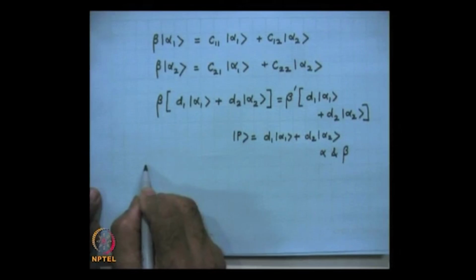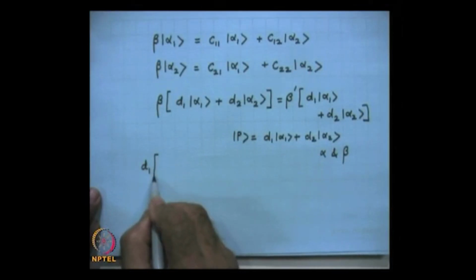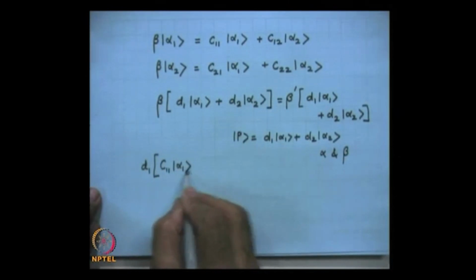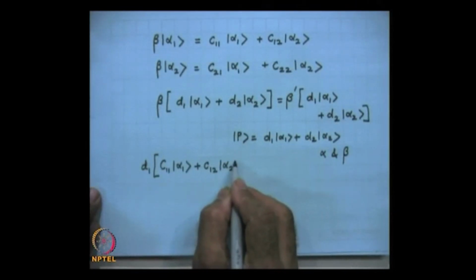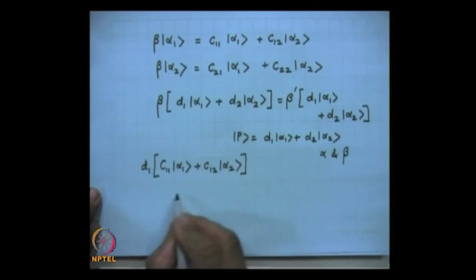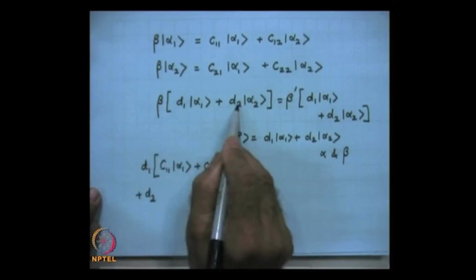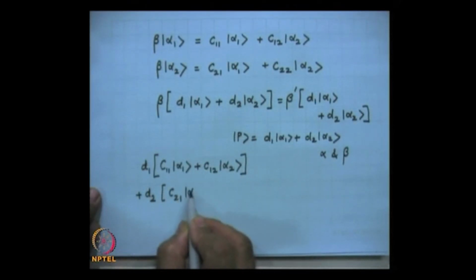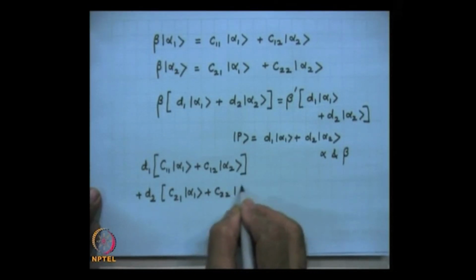So, D1 beta ket alpha 1, which is C11 ket alpha 1 plus C12 ket alpha 2, plus D2 beta ket alpha 2, which is C21 ket alpha 1 plus C22 ket alpha 2.